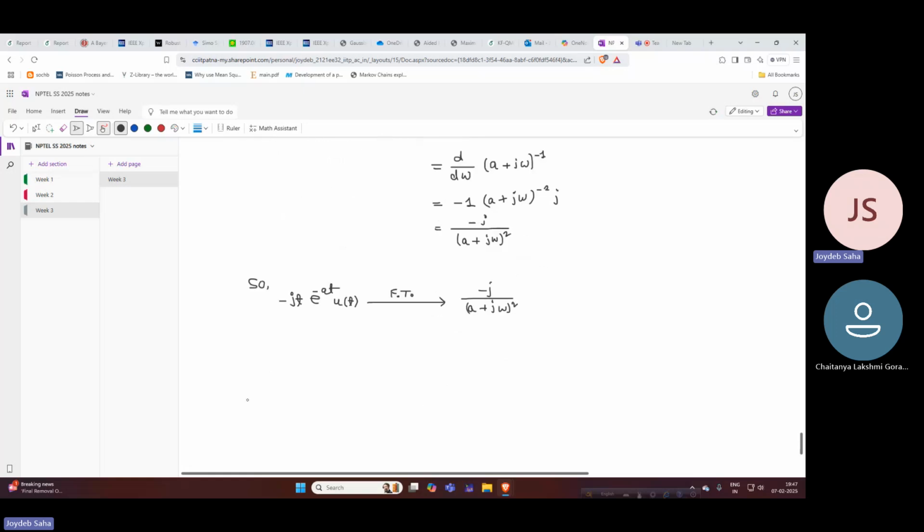So if we cancel out minus j, then we will get t e to the power minus at u(t).